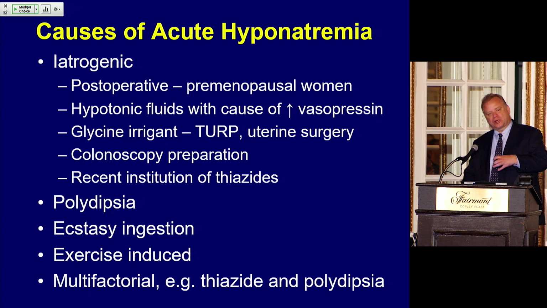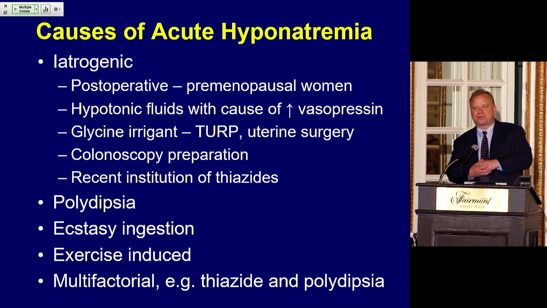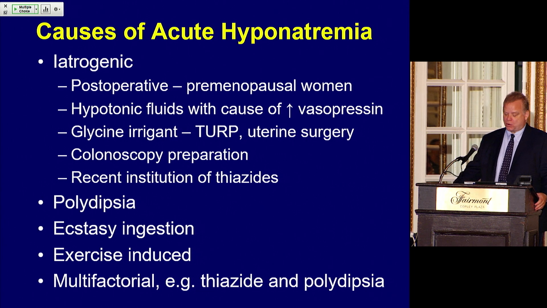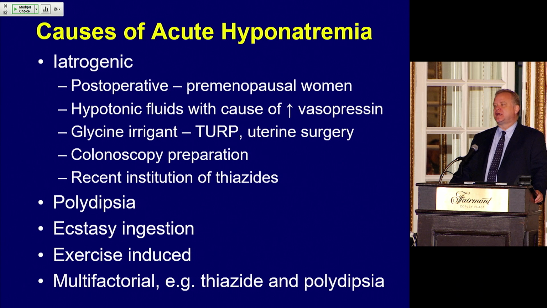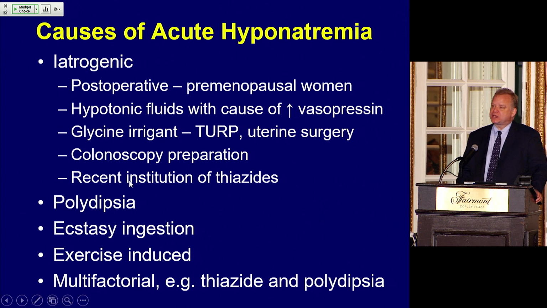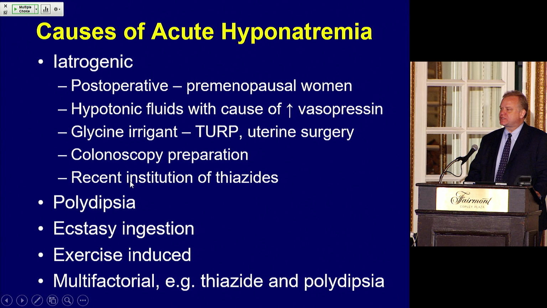Particularly some of these older cocktails where, for example, somebody might put some PEG into a 2-liter bottle of something, and then that patient is becoming hypovolemic and taking in a huge amount of free water. Thiazides can cause acute hyponatremia within 24 hours of administration. And it's also a very interesting cause of hyponatremia that I think we'll talk about in some of the cases later on today. Clearly polydipsia, the sort of drinking from a fire hose syndrome, that will give you acute hyponatremia.